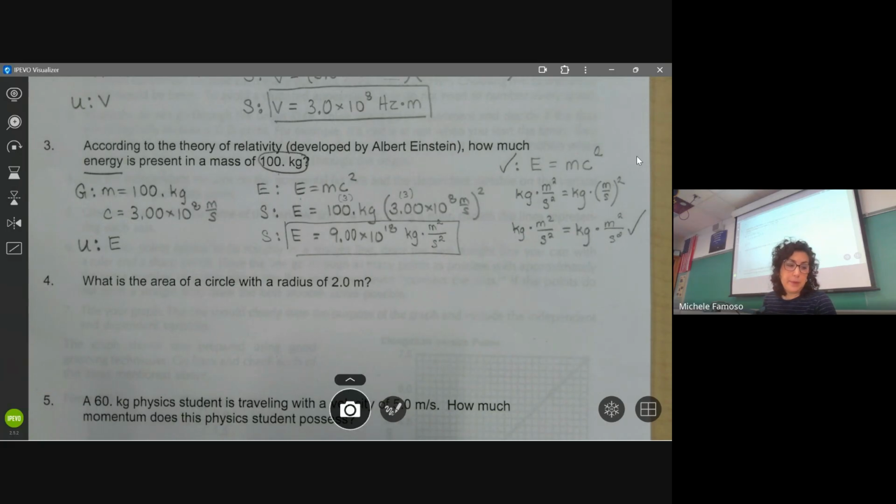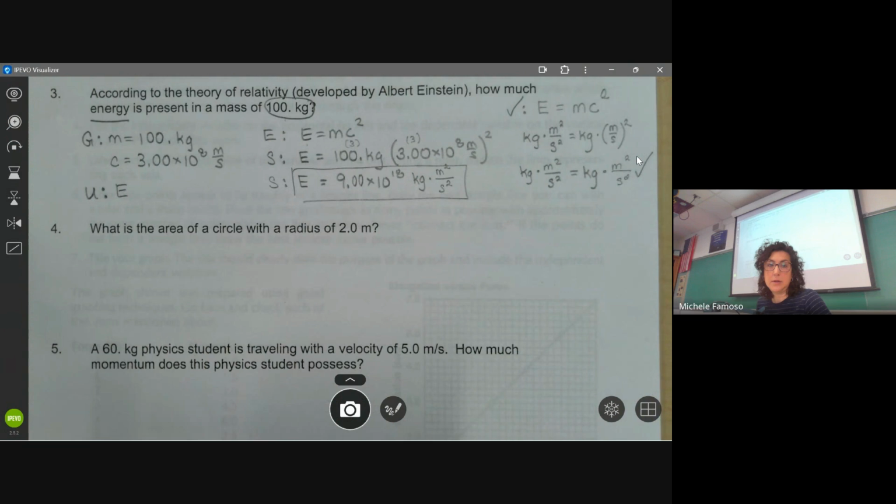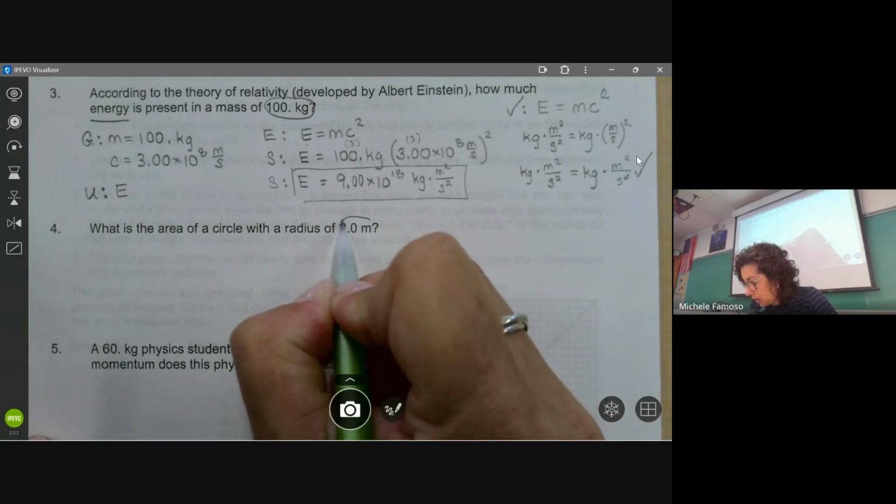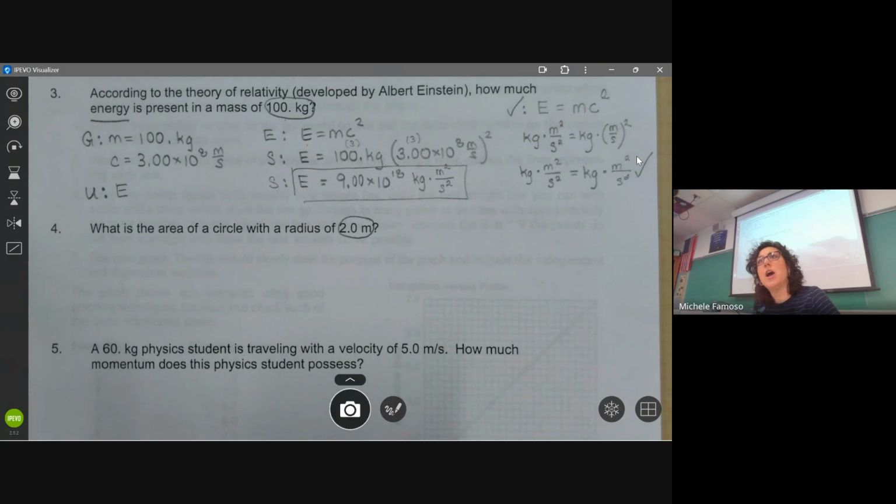Gavin, can you read number 4 for us, please? Okay. So, Flavia, what should I circle as a given measurement? 2.0 m, that's right. Emma, what should I underline that I'm looking for?